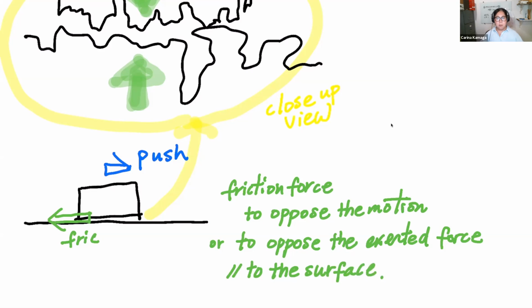Unlike the support force, or normal force, which is always perpendicular to the surface and wants to push back upward, friction force opposes the motion, opposing the exerted force along the surface. So it is always applied parallel to the surface. This is the review of which direction the friction force applies.